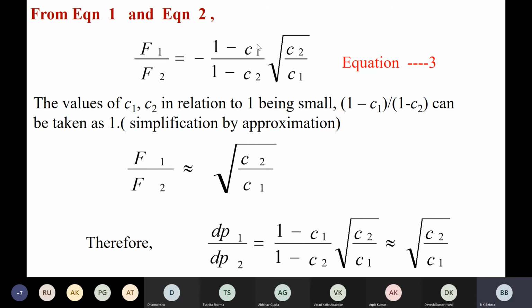Be practical. What is C1? Crimp in warp. C2, crimp in weft. How much is crimp? You have already seen, it is always less than 1 in fraction.